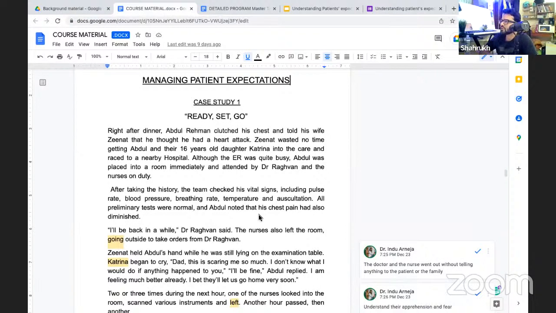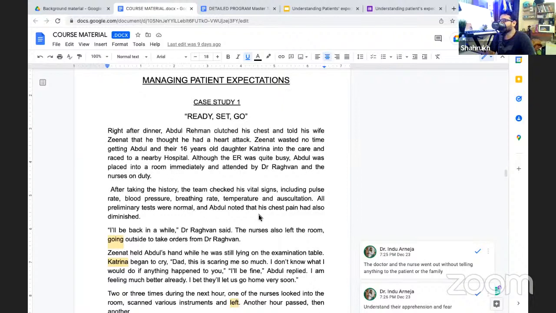So the case study 1 is ready, set, go. Right after dinner, Abdul Rahman clutched his chest and told his wife Zeenat that he thought he had a heart attack. Zeenat wasted no time getting Abdul and their 16-year-old daughter Katrina into the car and raced to a nearby hospital. Although the ER was quite busy, Abdul was placed into a room immediately and attended by Dr. Raghavan and the nurses on duty.